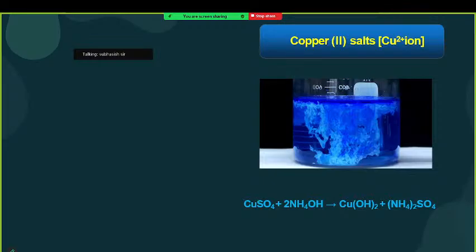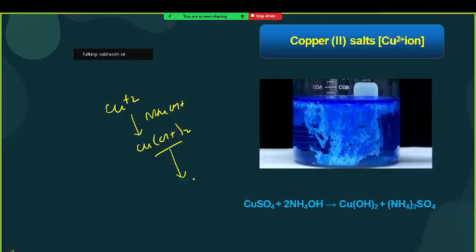Now this is most important: copper ions, copper 2 plus, react with ammonium hydroxide and produce a pale blue precipitate of copper hydroxide. This observation is exactly similar to that of sodium hydroxide.